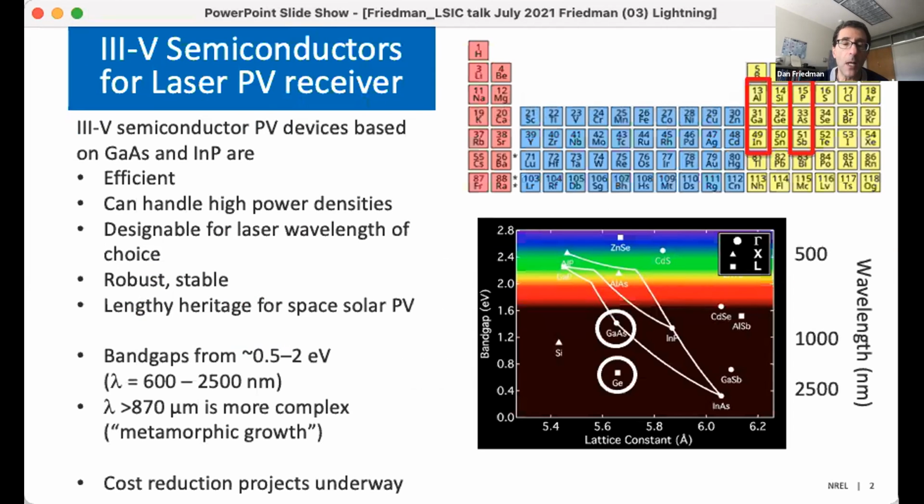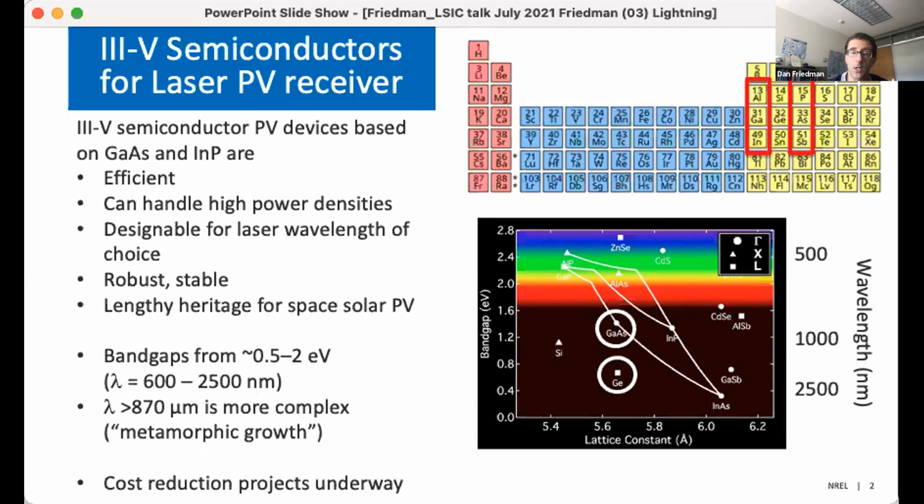As you heard previously, the highest performing devices which you're going to make these laser power converters from are so-called III-V materials, because they're based on columns III and V of the periodic table. You heard previously about InGaAs as one example, or gallium arsenide.